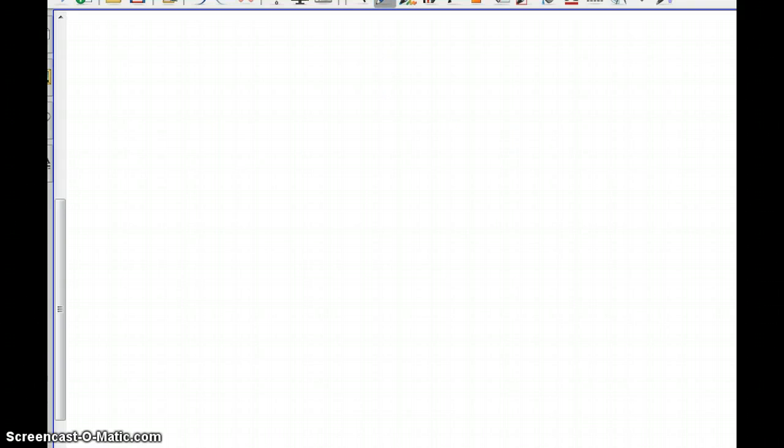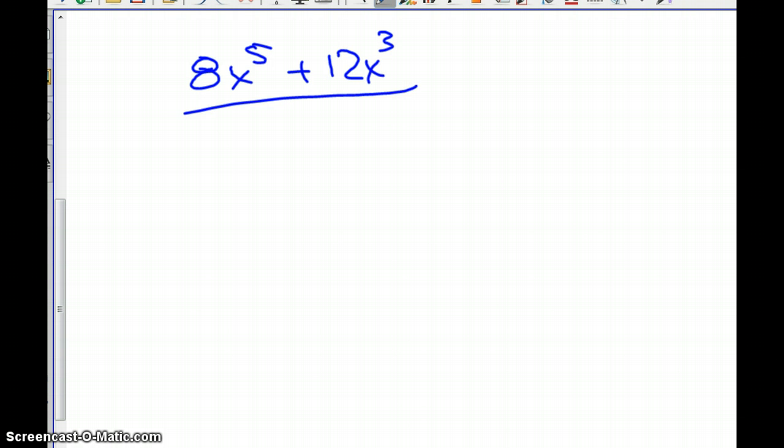Okay. So, 8x to the 5th plus 12x cubed over 4x cubed. Factor and cancel, please.